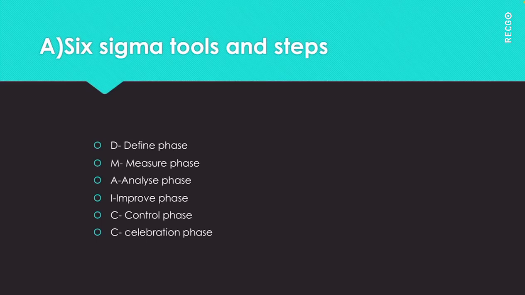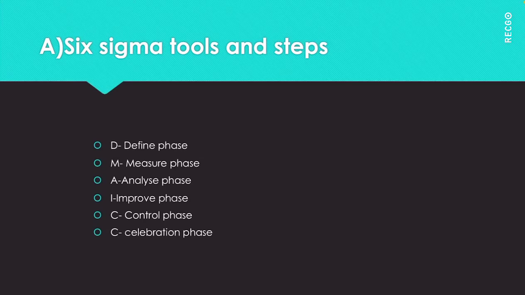This involves performing design of experiments and finding possible solutions, verifying whether these solutions work or not, and eradicating the root causes. The tools used are brainstorming, mistake proofing, design of experiment, house of quality, failure modes and effects analysis, that is FMEA, and simulation software.